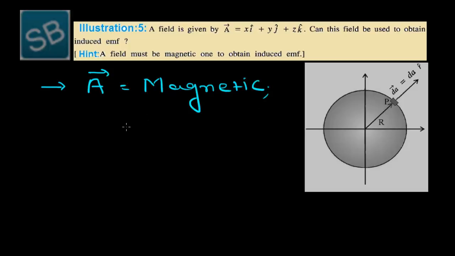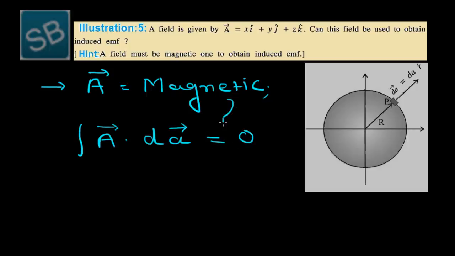So its surface integration over the cross section means integration A dot dA, and if I take the cross section as seen in this figure, this particle P has been taken under the effect of this field, and it is in 3 dimensions, and the element is taken as dA. So this integration must be 0.